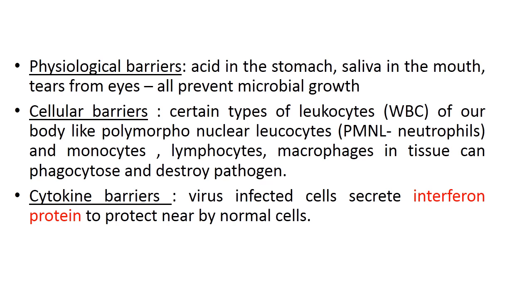One of the WBCs acting as a cellular barrier is the neutrophil. Neutrophils are called polymorphonuclear leukocytes, and the abbreviation is PMNL. They are very helpful to destroy some kinds of bacteria, so bacterial infection is prevented by the neutrophils in the body.